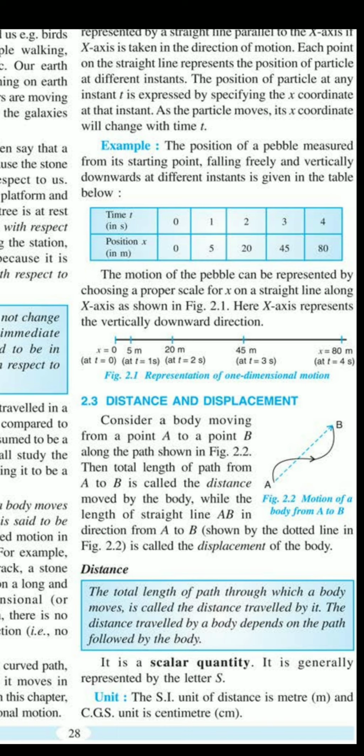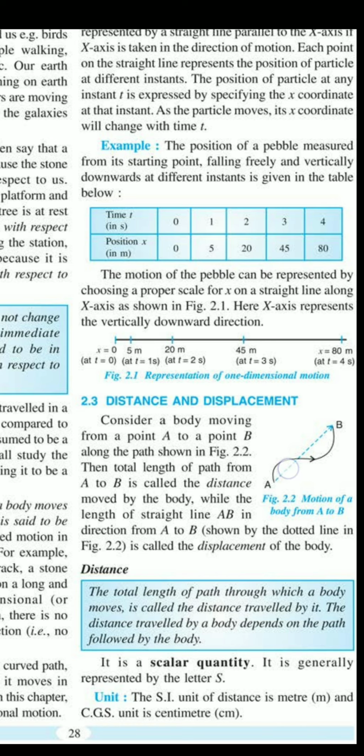So you can see here figure 2.1, they are showing you the representation of one dimensional motion. One horizontal line is drawn, and to the very left of this line, they are showing the instant t is equal to 0, the initial moment from where we are starting to measure.